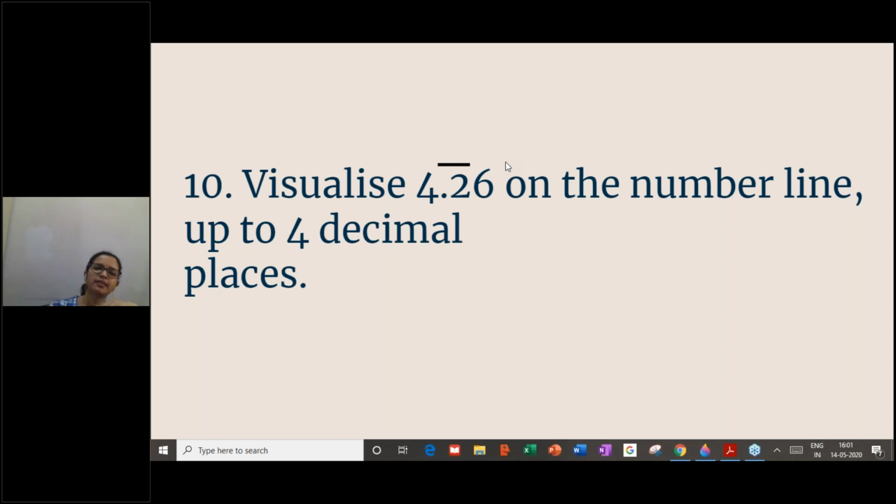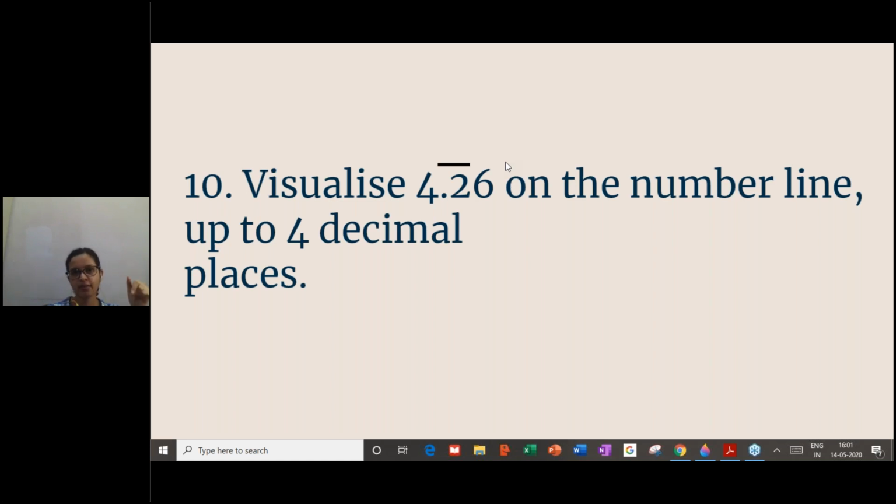So first make a number line which has equal divisions marked 4 and 5. The number will be between 4 and 5. So mark 10 equal divisions between 4 and 5. So 4.1, 4.2, 4.3, and so on.